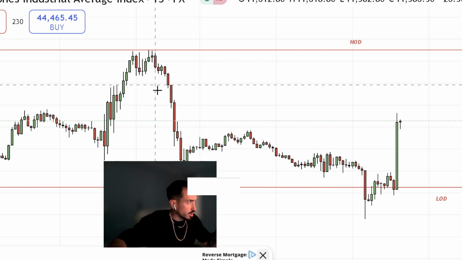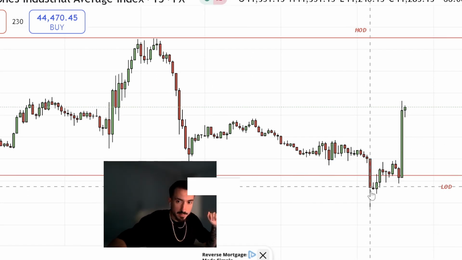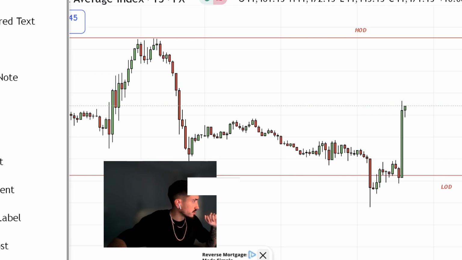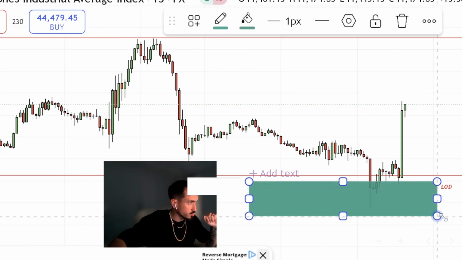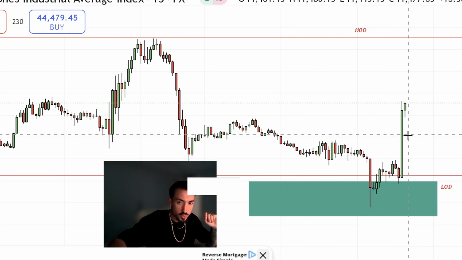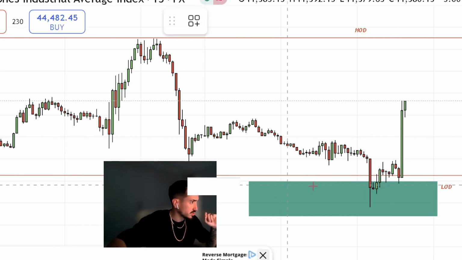So overnight, price came and broke this structure. This right here is a sweep. The previous day low got swept, immediately rejected up into the low of the day, retested.